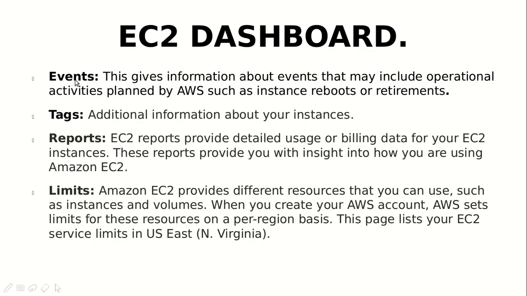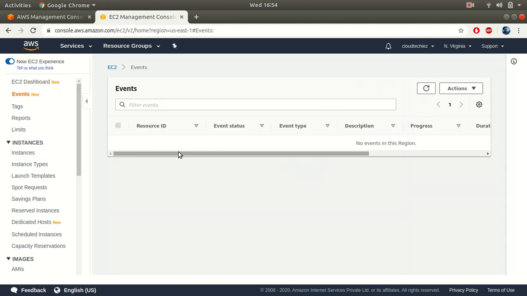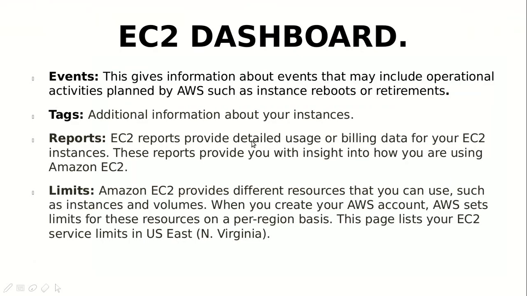So the first thing we are going to look at is your events. Now this gives you information about events that may include operational activities planned by AWS, such as instance reboots or retirements. So under this, events is utilized by Amazon to notify you of any task that Amazon has planned, like operational activities or any instance reboots or any retirements of the instances.